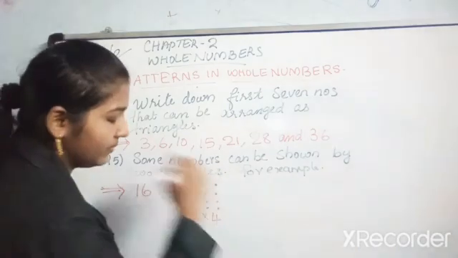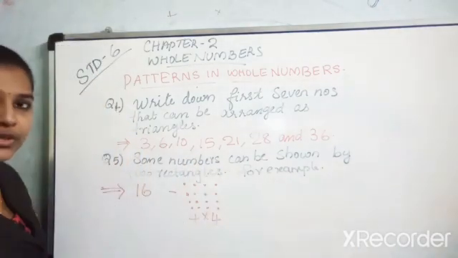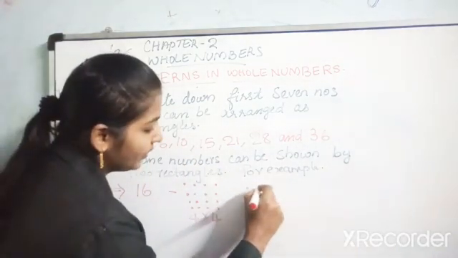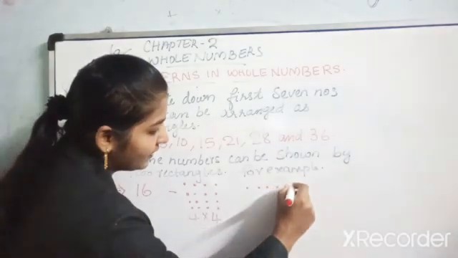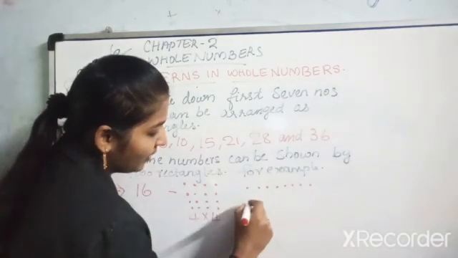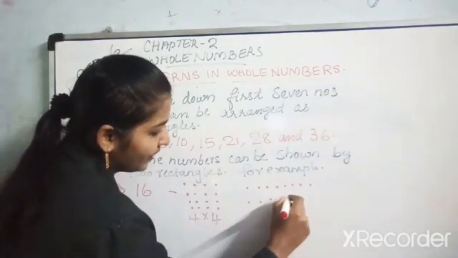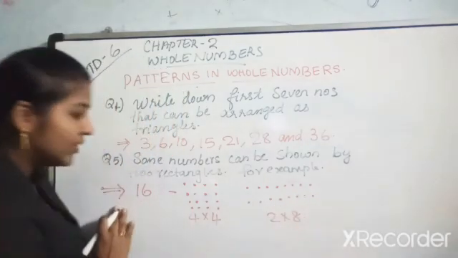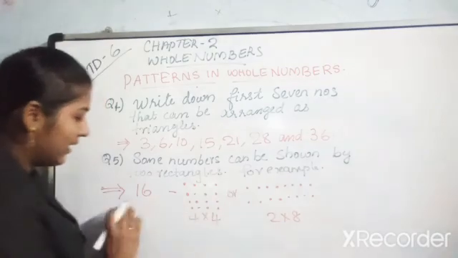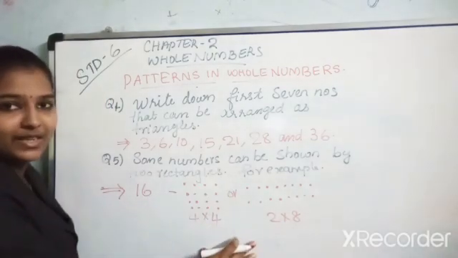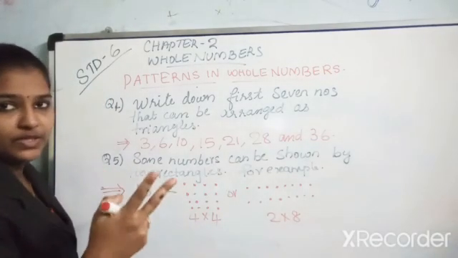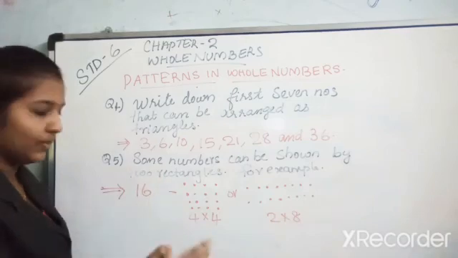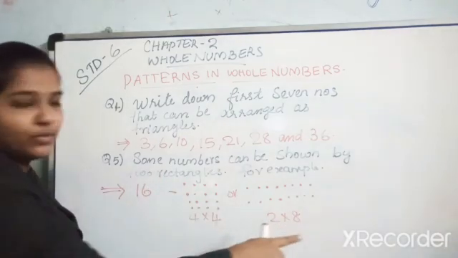And next 2 into 8: 1 to 8, twice. That is 2 into 8, also 16. So the number 16 we can arrange as a rectangle in two ways, 4 into 4 and 2 into 8.